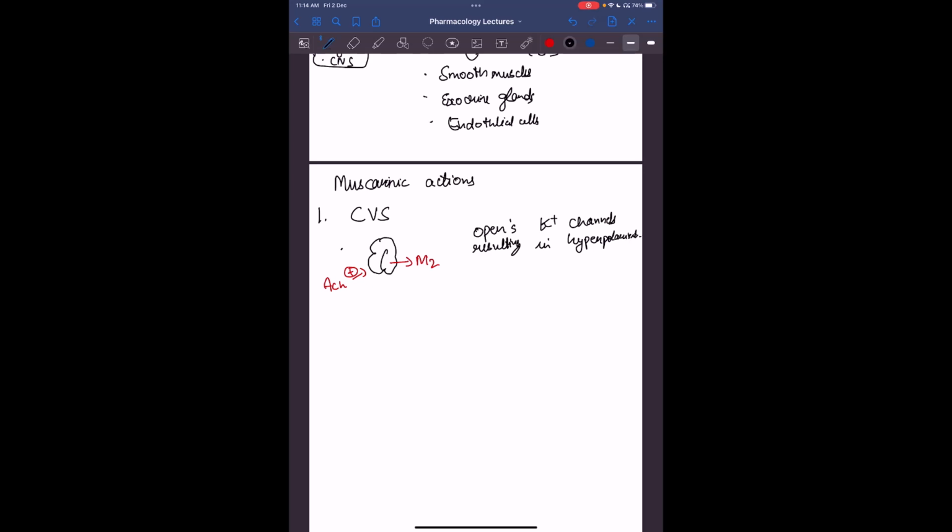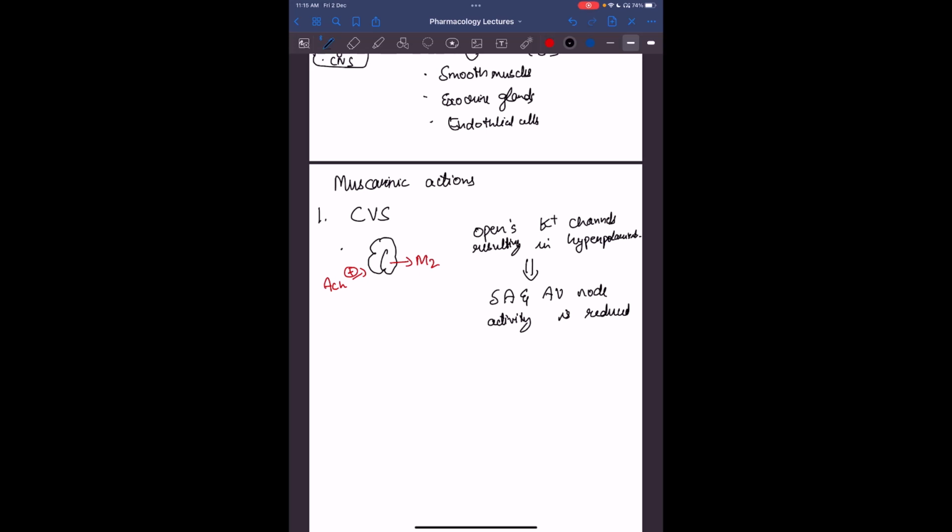Due to hyperpolarization, SA node and AV node activity is reduced. You're getting my point, right? See, it opens the potassium channel. In action potential, when sodium comes inside the neuron, it leads to depolarization, due to which action potential is produced.